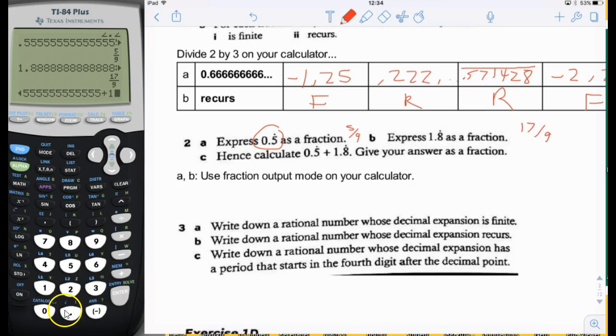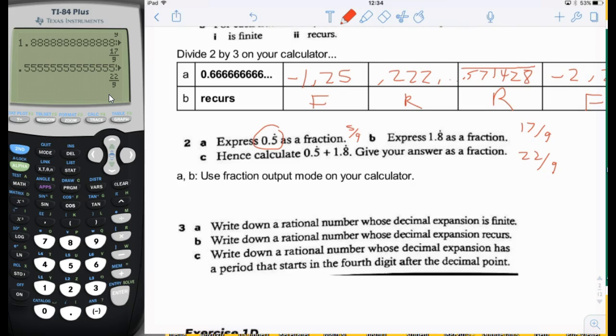Or, I could just do fraction arithmetic. Now that I know that one is 5/9 and I know the other one is 17/9, I could just add the numerators together to get 22/9, right? 5 plus 17 is 22, so the numerator would be 22, the bottom is 9.